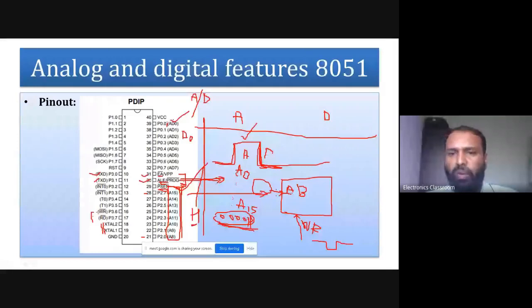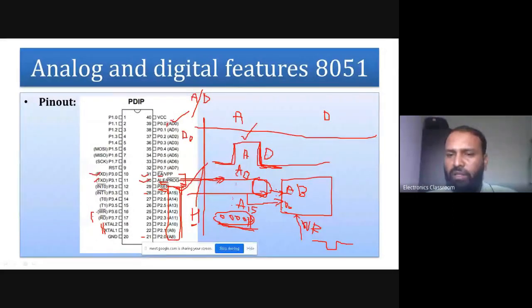So here we need to make a switch so that whenever ALE is high, the data will be transferred to the address, and when ALE is low, the data will be transmitted only to the data bus of memory. So memory will understand that some data is going to be written on that particular memory location, which is nothing but the 0000H location, and the microcontroller sends me data on the data bus.